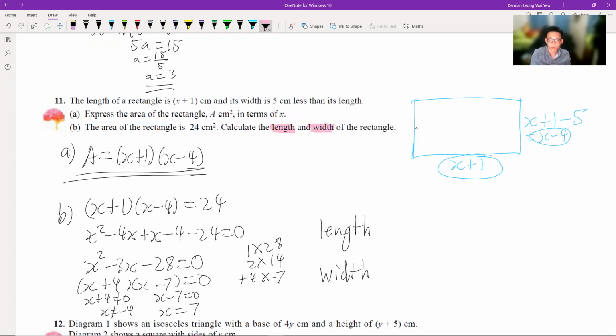So at the end, we want to find the length and width, which is the x plus 1 means 7 plus 1, 8 cm, and 7 minus 4, okay, 3 cm. That would be your length and width. You see, 8 times 3, 24.